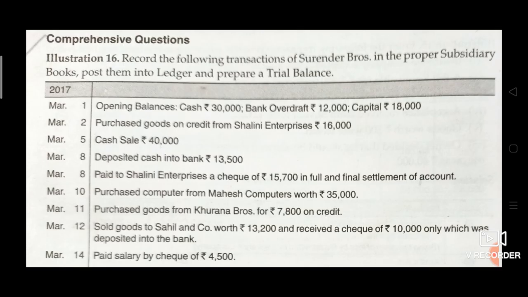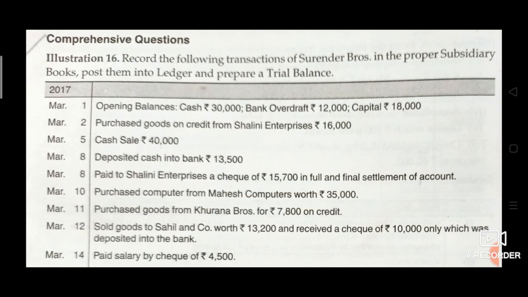Okay. 29th March, paid rent by check rupees 2,500, cash book. 30th March, withdrawn from business rupees 1,750 for personal use, cash book. And last entry on 31st March, depreciation charged on computer at 5% per annum. This entry will be passed in journal proper.